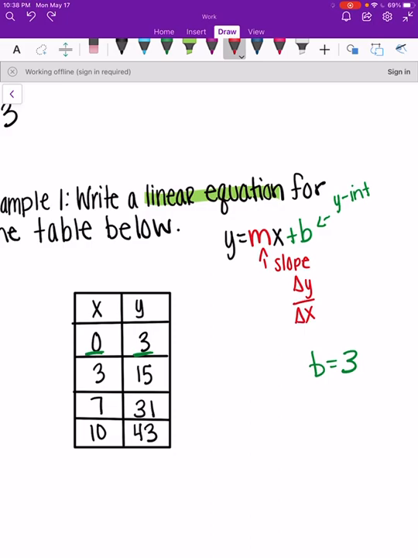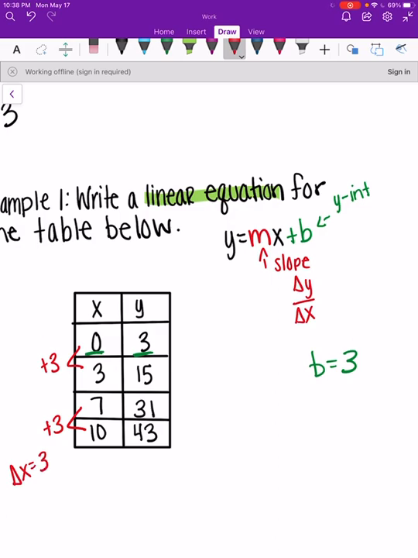And I just want to focus on the ones where we had plus 3s. What's my change in y when my change in x is plus 3? I'm only going to focus on 0 to 3 and 7 to 10 since they're both plus 3. So my change in x is going to be 3.